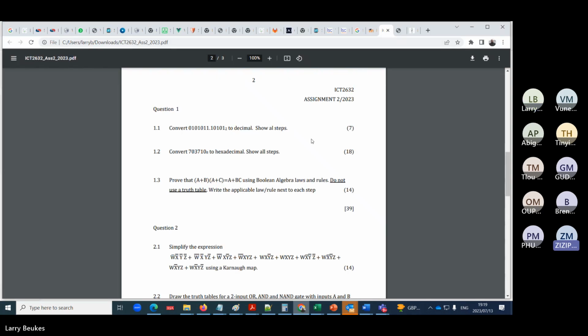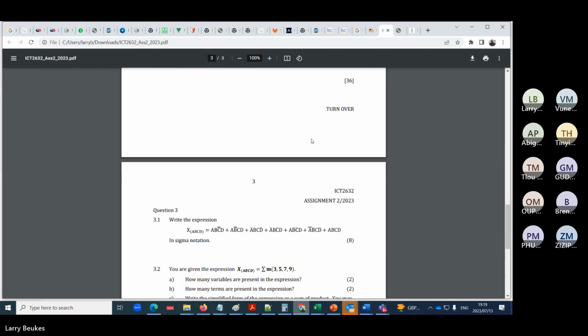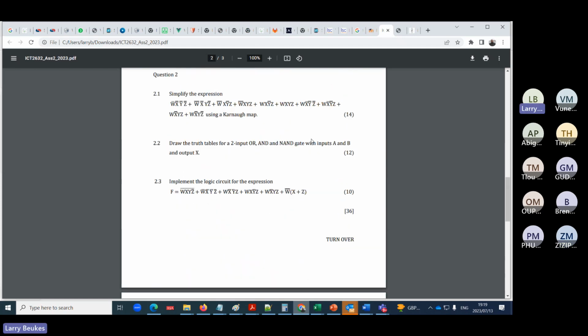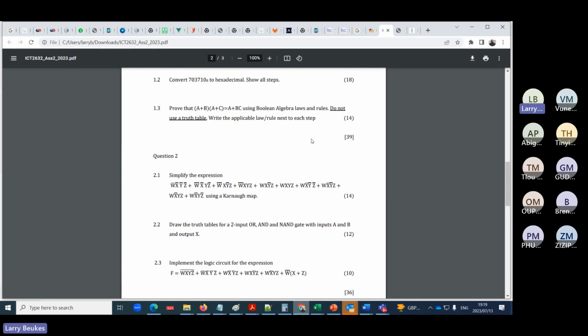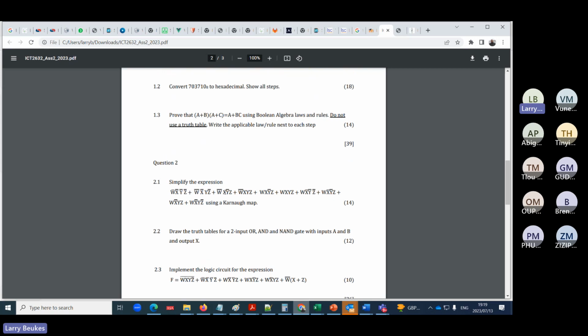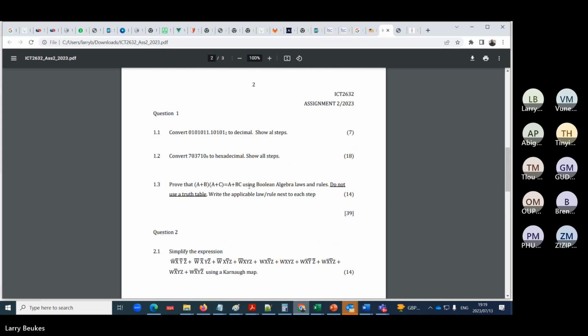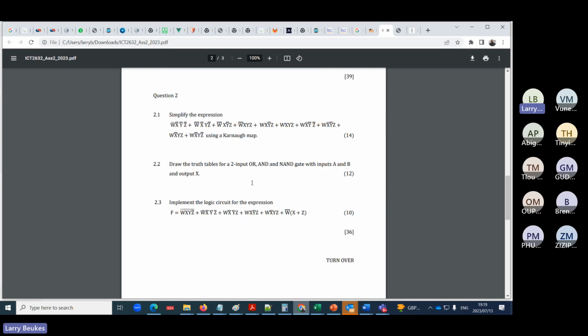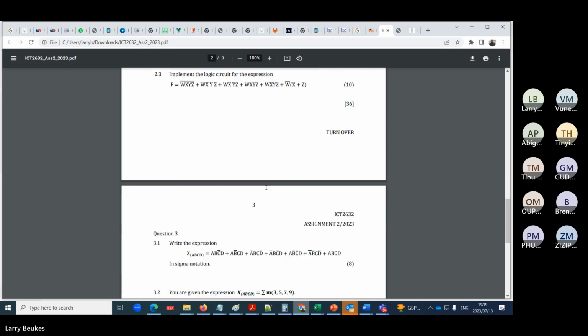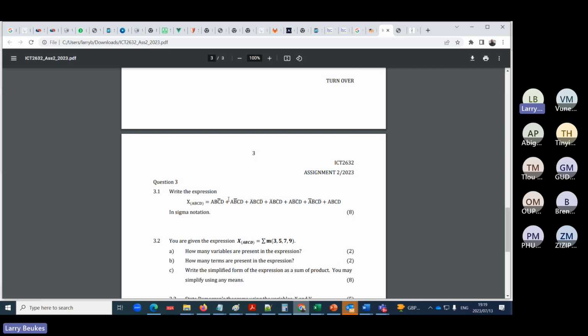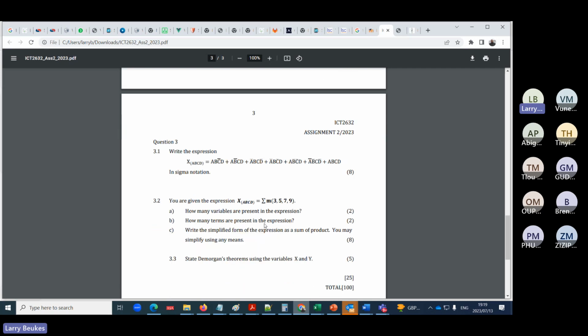Unless it's me, I don't get the question. Is this the assignment? Simplify the expression. Where's the sigma here? Write the expression in sigma notation.